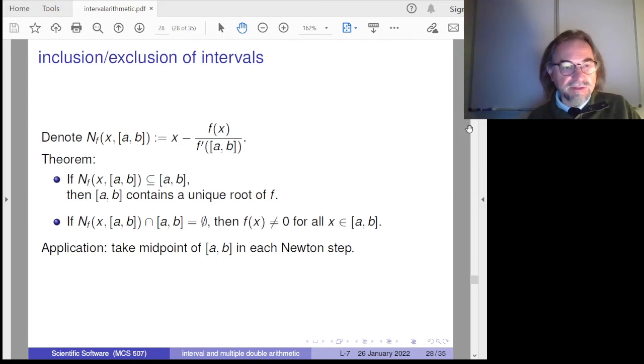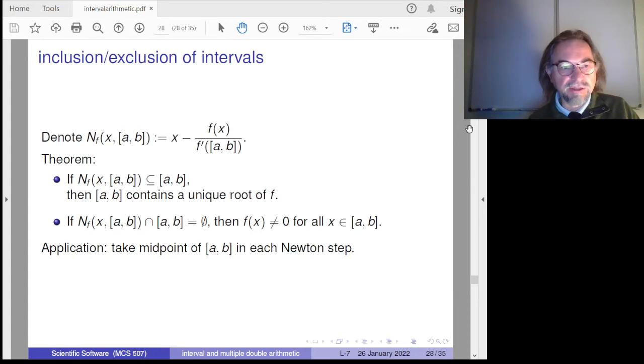Okay, so then there is the second part in this theorem that says that if the intersection is empty, then actually that's the exclusion part. So you can use interval arithmetic very effectively in this way.